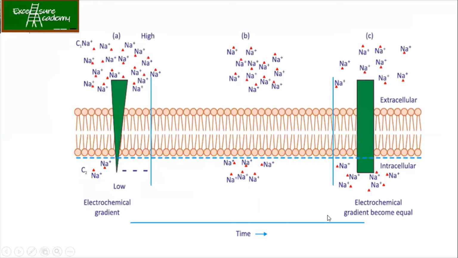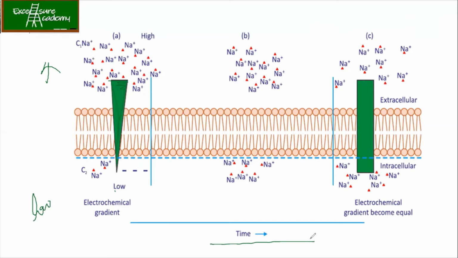Now look at the diagram, how the electrochemical gradient is formed. On one side of the plasma membrane the concentration of Na plus is high, and here it is low, and that is what the arrow shows.